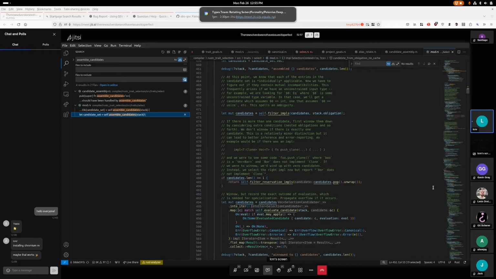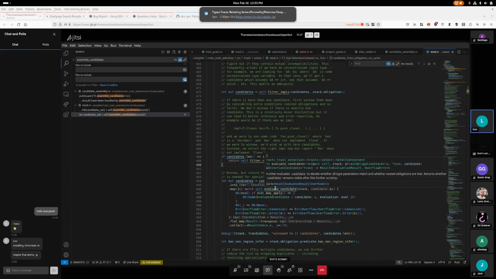If assembly results in a single candidate, we immediately return that one without ever proving its nested bounds. But if there are multiple, we do also evaluate all of them to figure out whether, after checking where bounds, only one candidate holds or not.